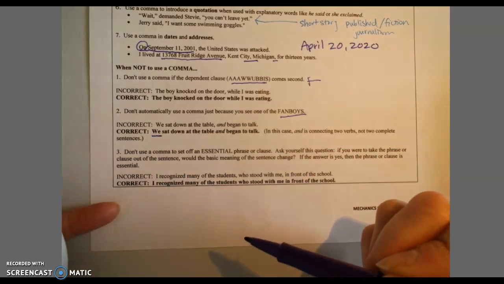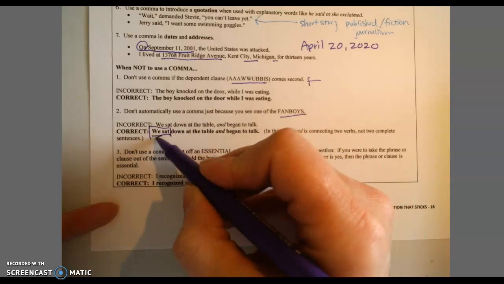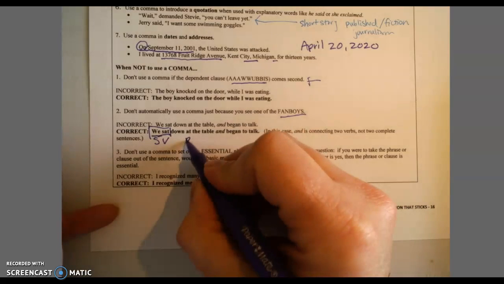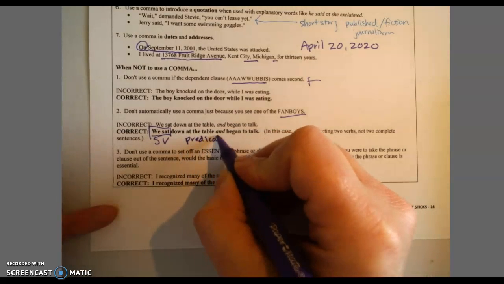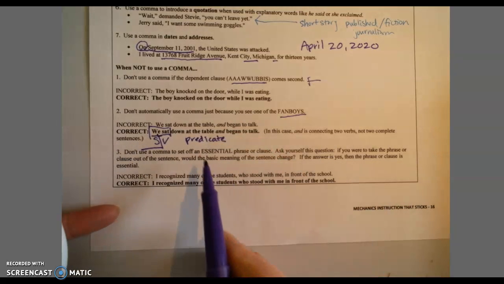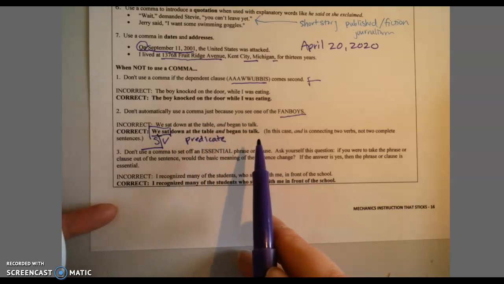We sat is the subject. Subject, verb. We sat. Everything after the verb is a predicate, right? Subject, predicate. Sat down at the table and began to talk.